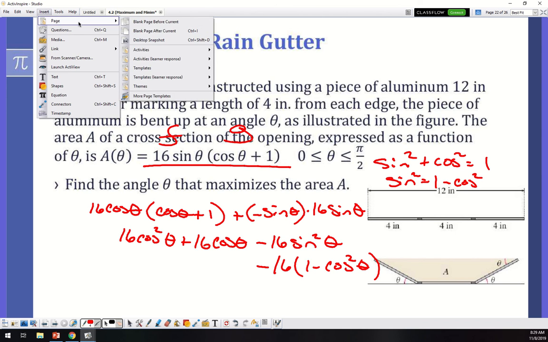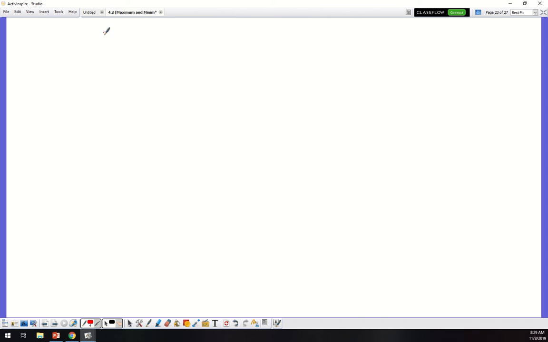Insert page blank after current. Okay, so I have 16 cosine squared theta plus 16 cosine theta minus 16 times 1 minus cosine squared theta. There we go.